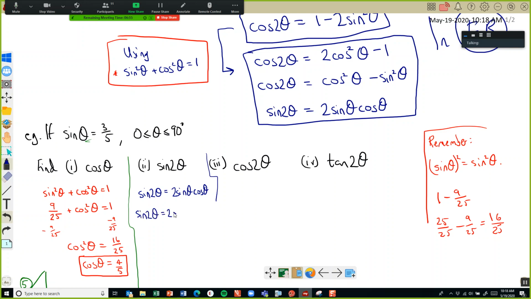So I've got 2. What is sine theta? Yep. What is cos theta? I've just worked it out. 4 over 5. What is 2 times 3/5 times 4/5?